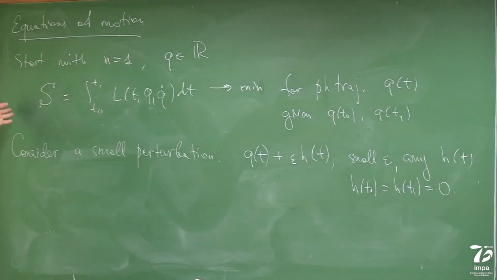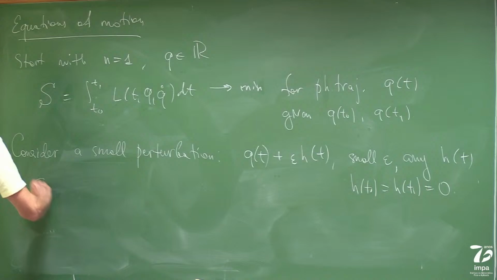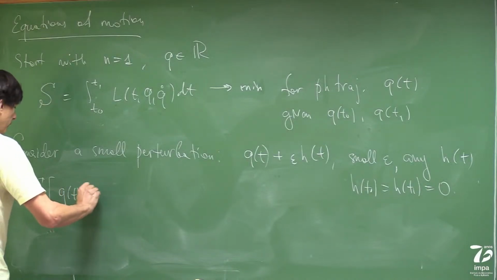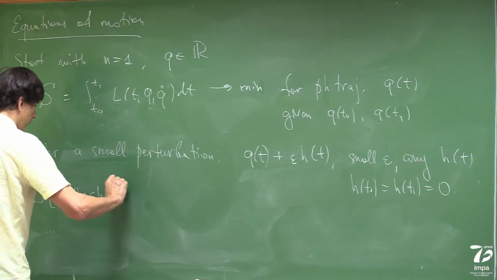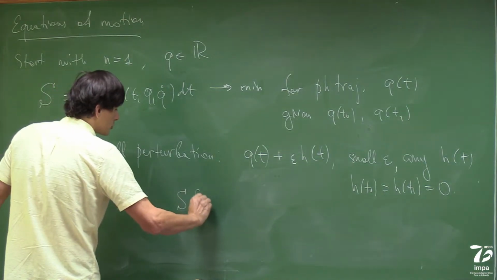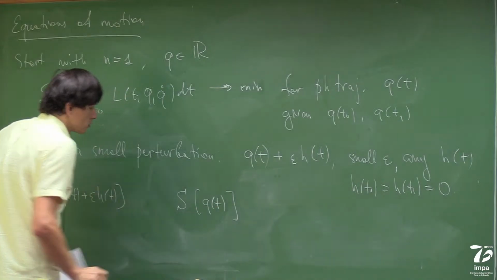So we take a perturbation. And the Hamilton principle tells you that if you compute this action for this function, for the perturbed one, and compare it with the action which is computed for the physical, so the physical takes the minimum.